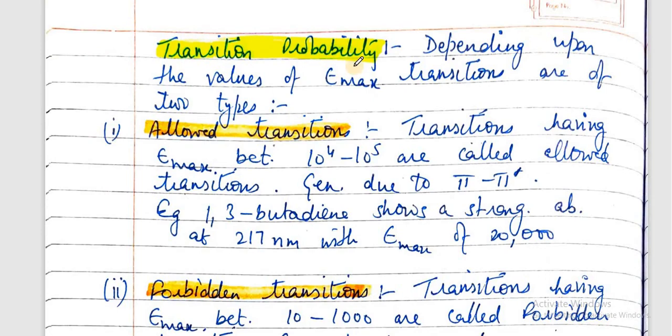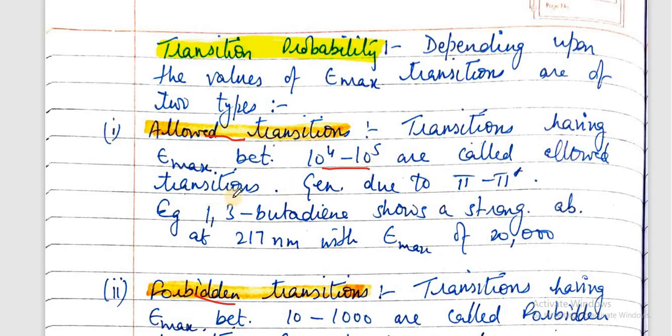transition probability, that is, depending upon the values of epsilon maximum, transitions are of two types. First is allowed transitions, second is forbidden transitions. We will talk about allowed transitions first. Allowed transitions are transitions in which epsilon maximum is very high, between 10 to the power 4 and 10 to the power 5.